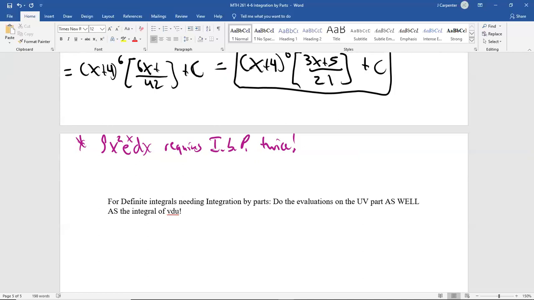So when you're doing a definite integral, the only thing that changes is you're not just going to plug in your upper and lower limits to the very last part you integrate, because remember that when you get that uv, you actually integrated to get the uv. It was part of the integrating dv bit. So because you've integrated to get the uv, you have to evaluate the upper and lower limits there as well.